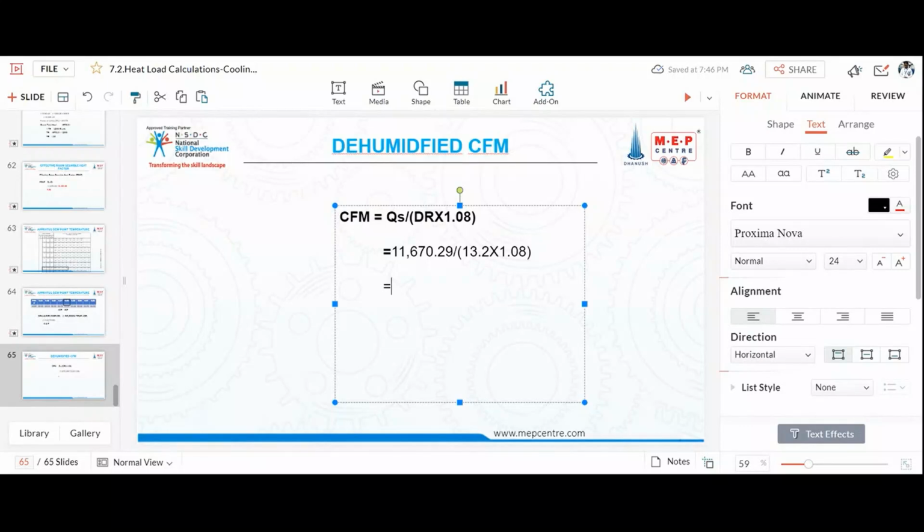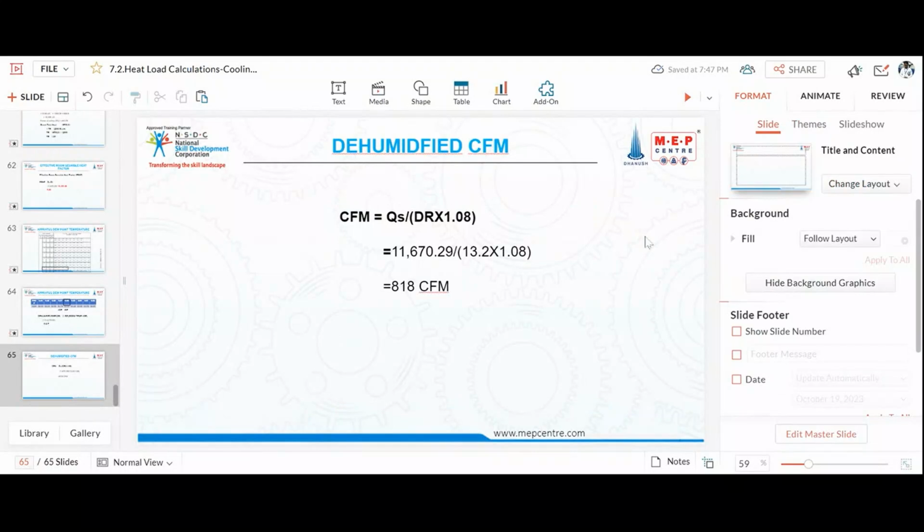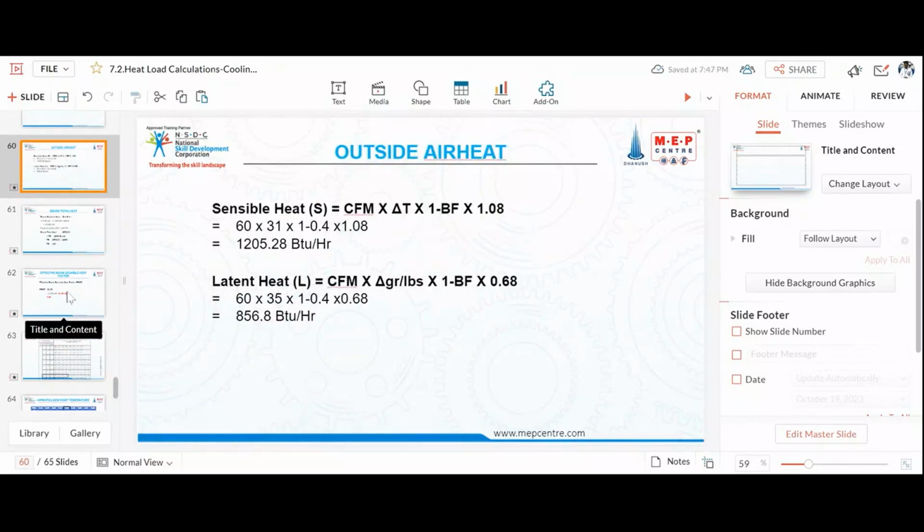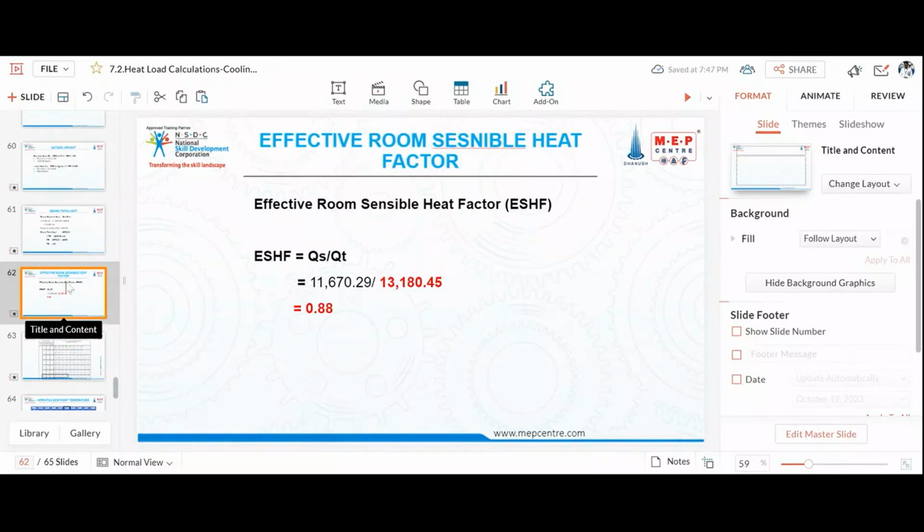Which is 818 CFM. So this much air is required to cool the room. Okay. Make a note from here.